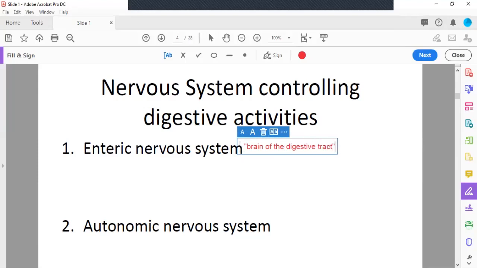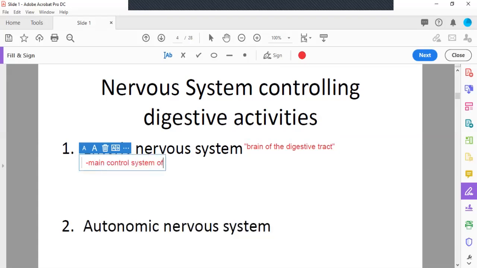So do not misunderstand this as the brain itself. No. What we can say is this: the enteric nervous system is the main control system of the digestive activities.